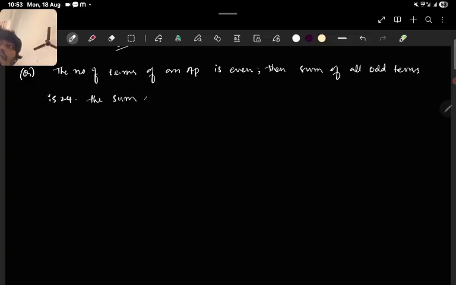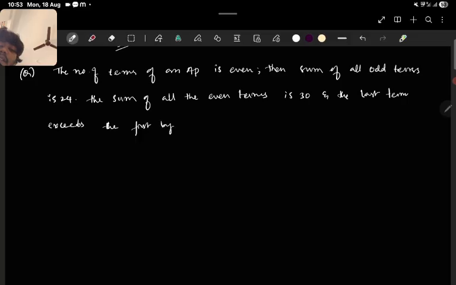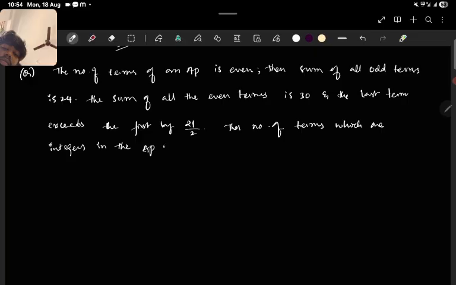The sum of all even terms is 30, and the last term exceeds the first by 21 by 2. The number of terms which are integers in the AP is how much?